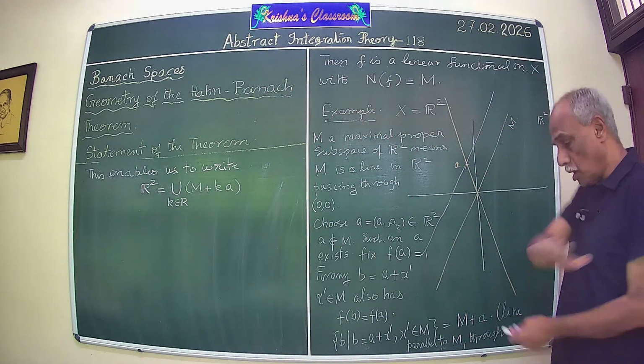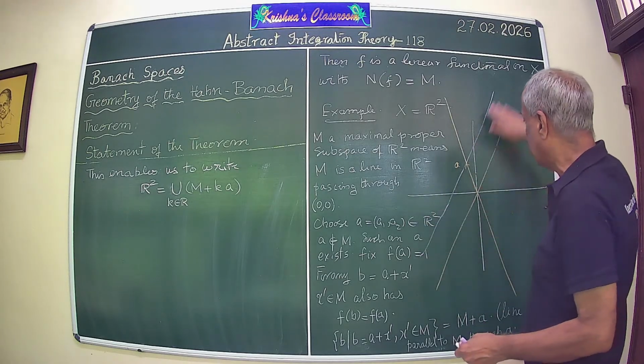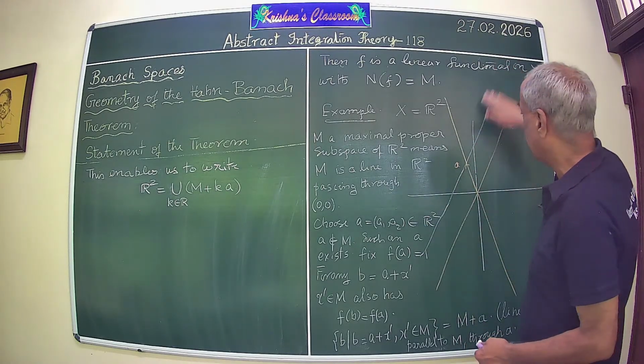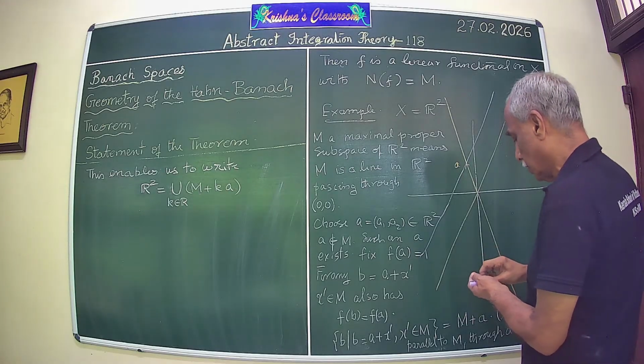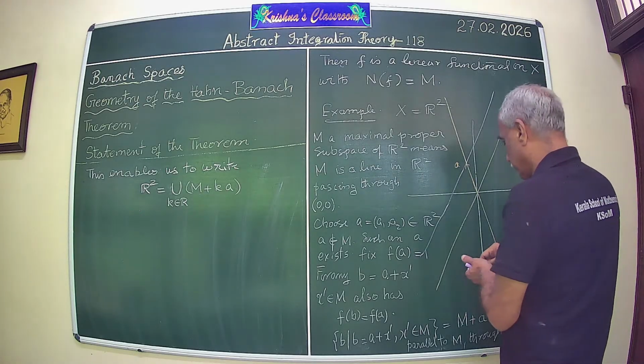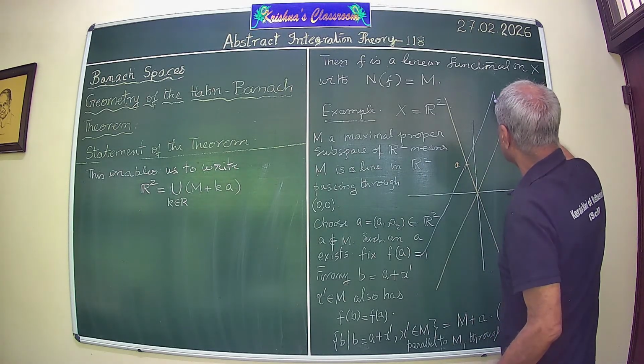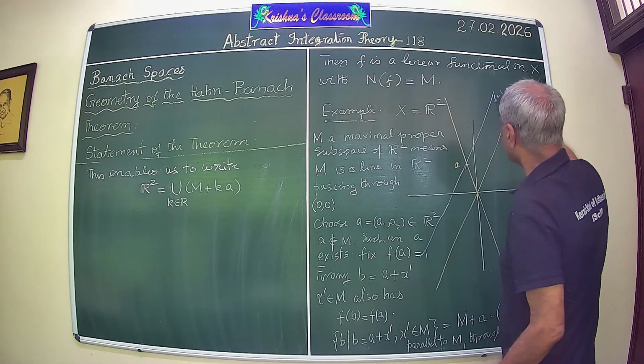On each of these parallel lines, the way in which we have defined f, it takes the same value. Therefore, on this, f is equal to 1.